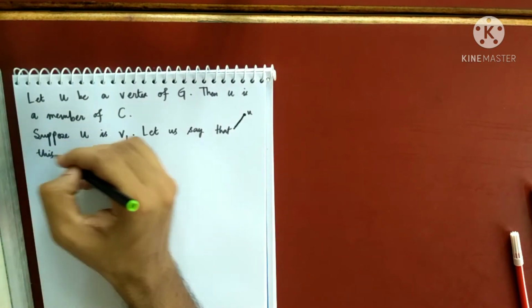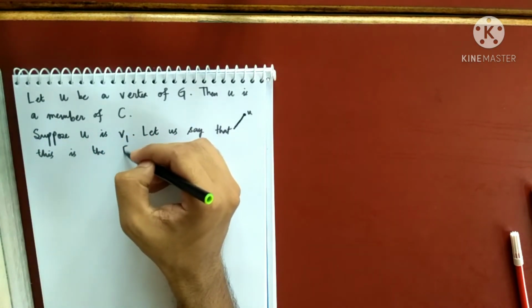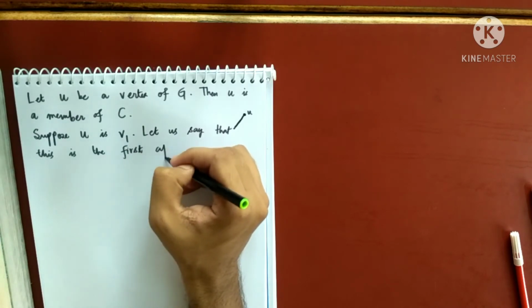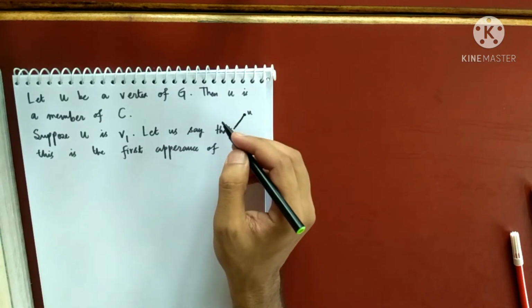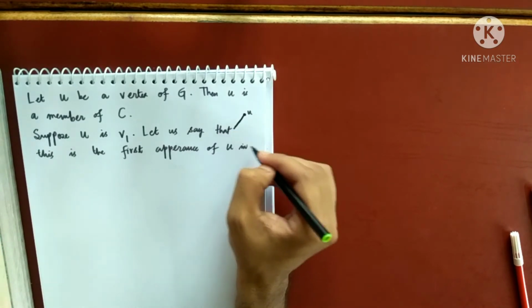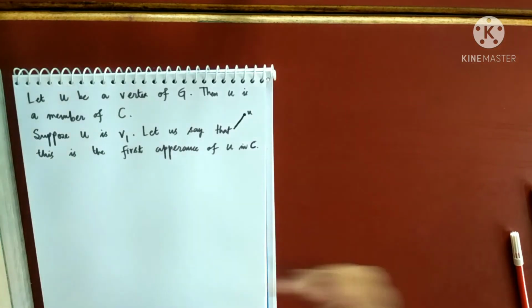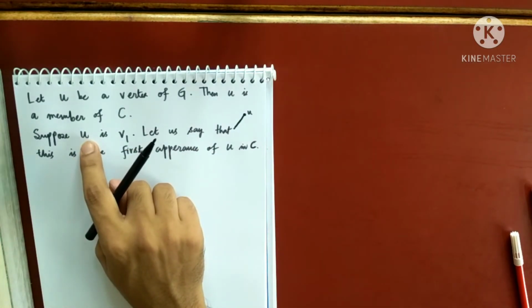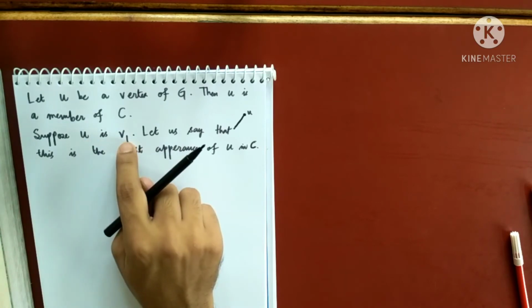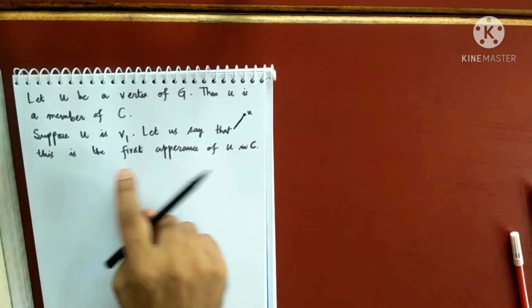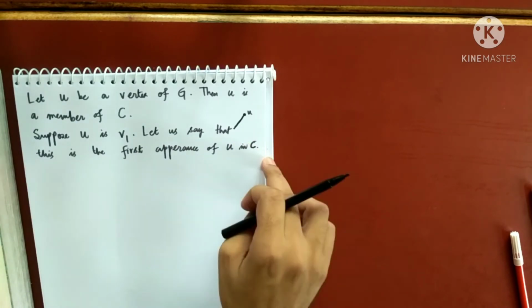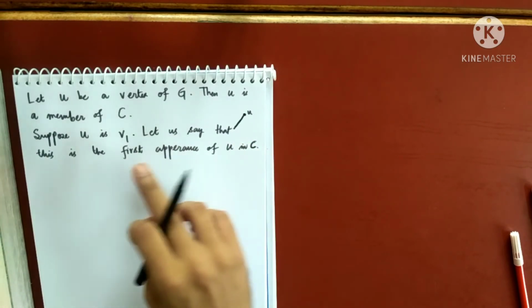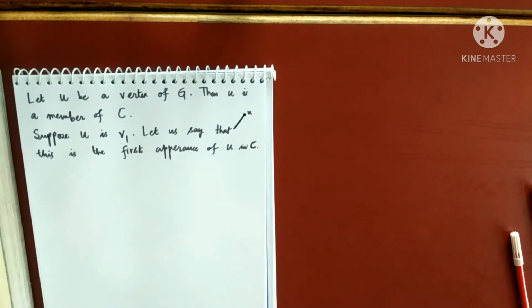This is the first appearance of U in C. So definitely this is very true, no need to write. U is the first vertex of that Euler circuit C. So let us say that this is the first appearance of U in C. This is obviously true, no? Because that is the first vertex, first appearance of U in C. That is the first one, right?